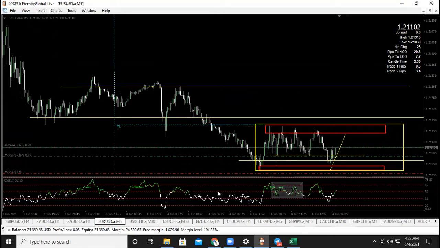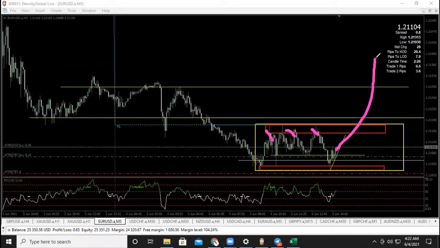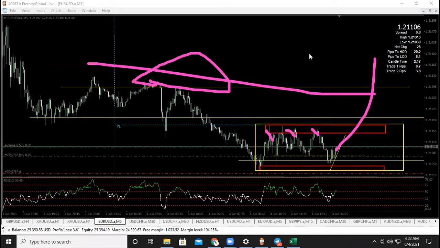As you see, we got 1, 2, 3, triple top. So if we come back, we're likely not going to stall out. We're just going to run straight through it. Again, NFP is in about an hour now, about 68 minutes to be exact. And from this point on, I believe we're going to start to see a push towards this high of the day up here.